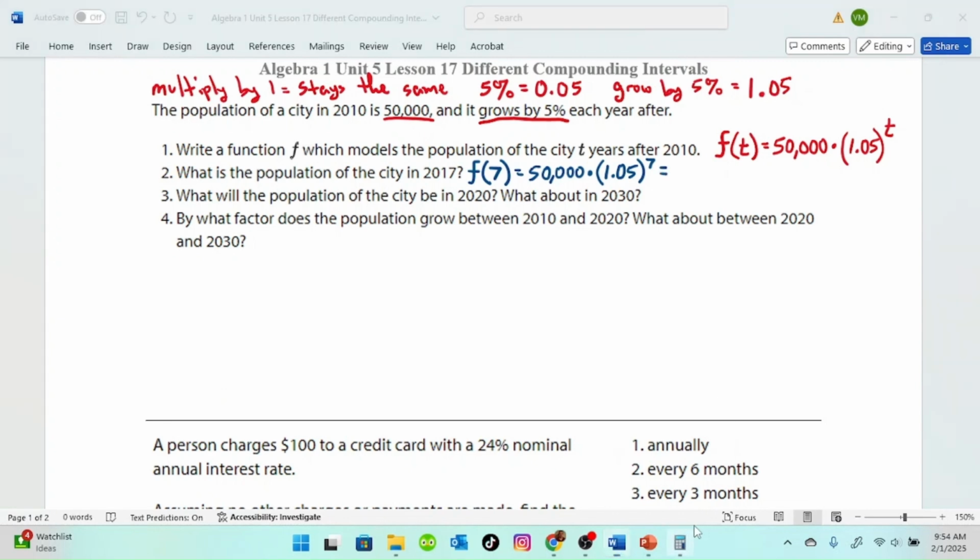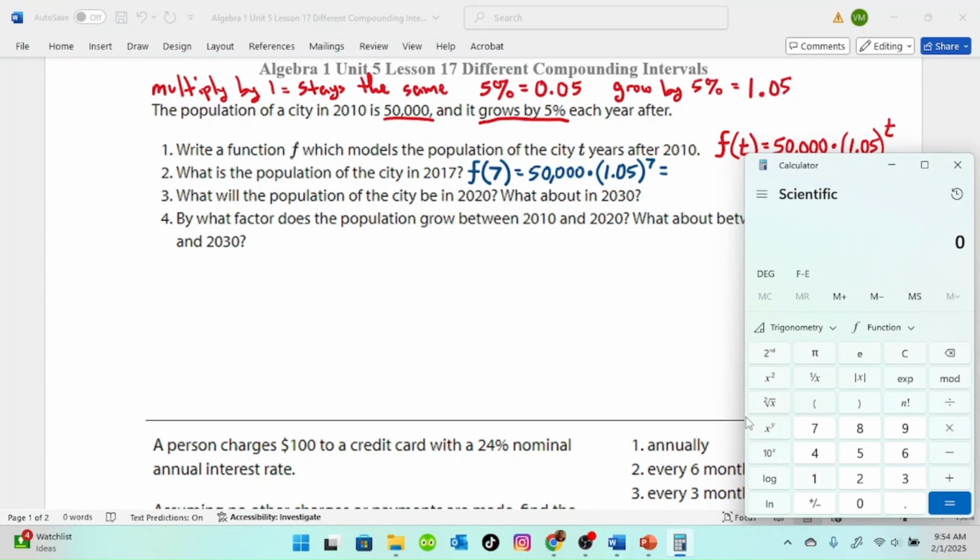And now we can put this in a calculator. 1.05. We want to use this button that says x to the power of y. That way it'll let us type in the power that we want. And we want that exponent to be 7. And we get this 1.4.